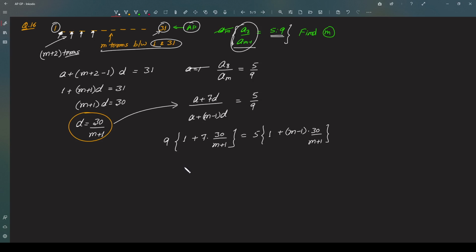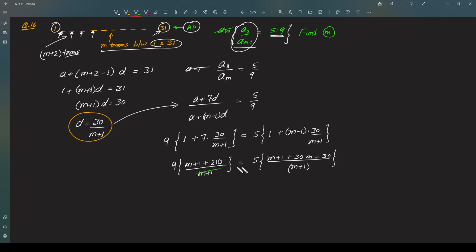So this simply means 9 into (m plus 1) plus 210, divided by m plus 1, is equal to 5 into (m plus 1) plus 30m minus 30, all divided by m plus 1.